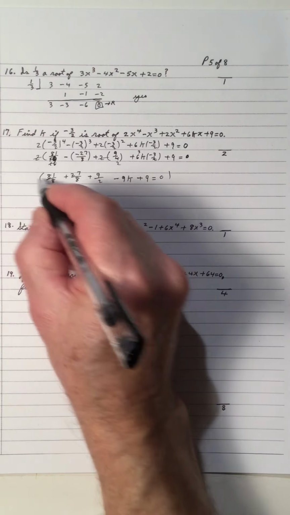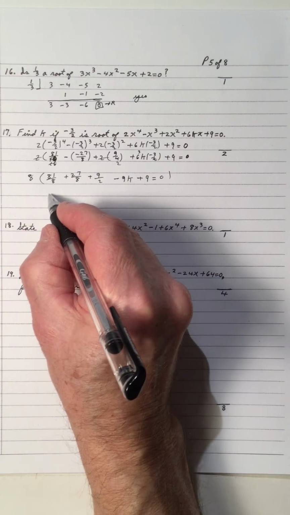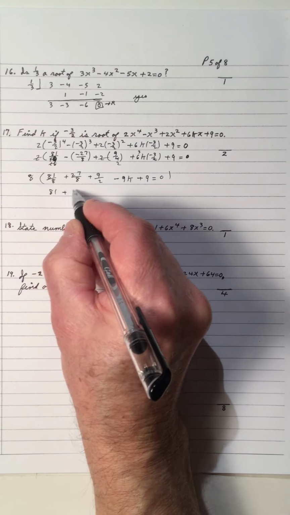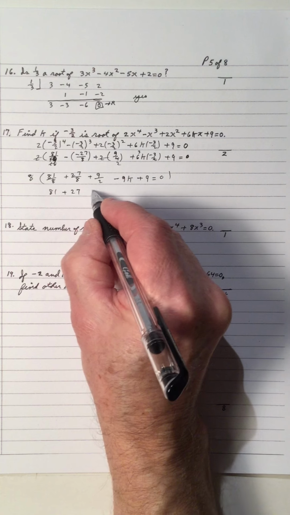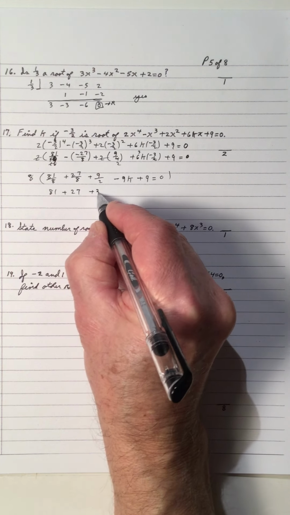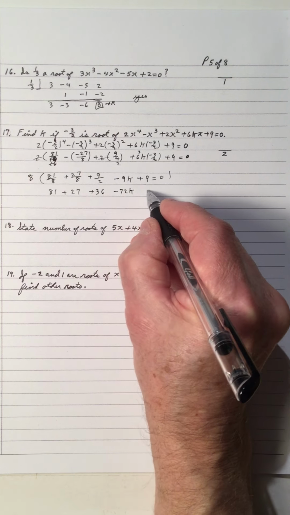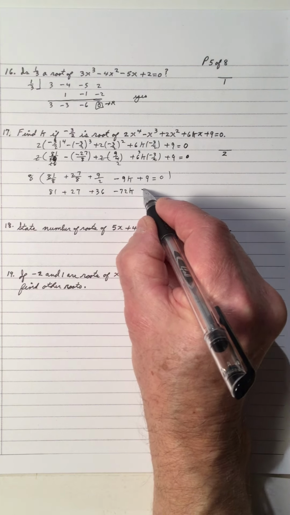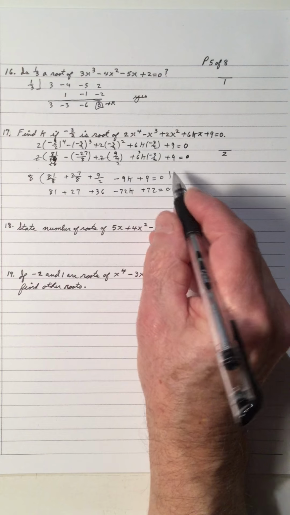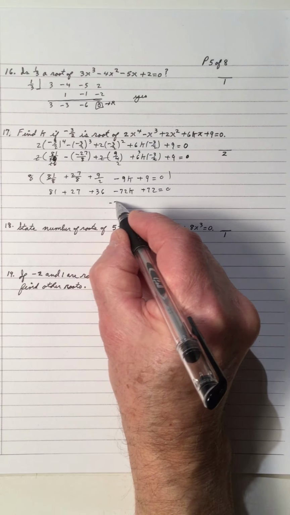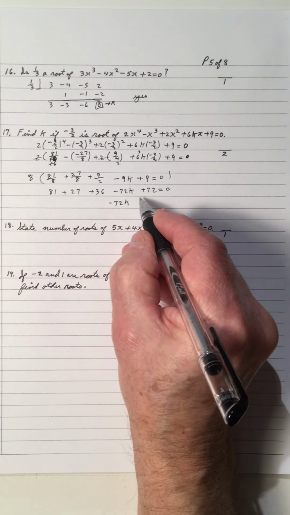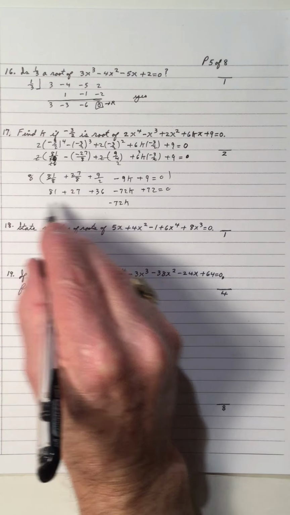Because I have fractions, I multiply by 8, I get 81, 27, 4 9s are 36, 8 9s are 72k, 8 9s are plus 72 equals 0. So I have a negative 72k, and I'm going to add all these up.